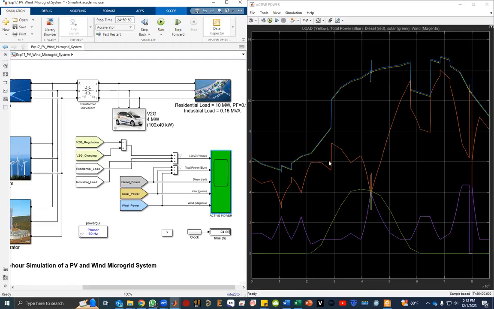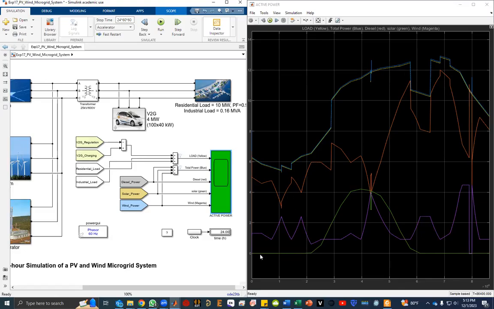The last three are red, then solar, which is green, and this is magenta. So they are sharing the power between the loads.